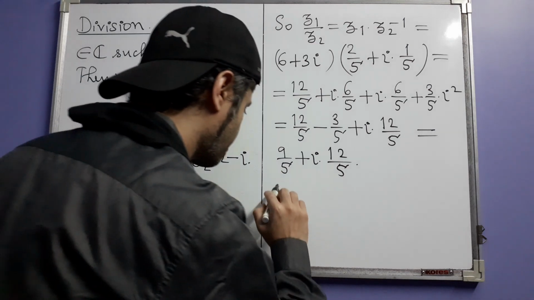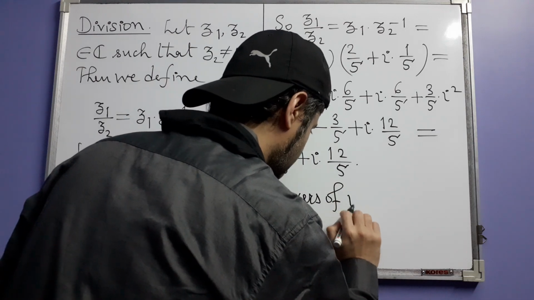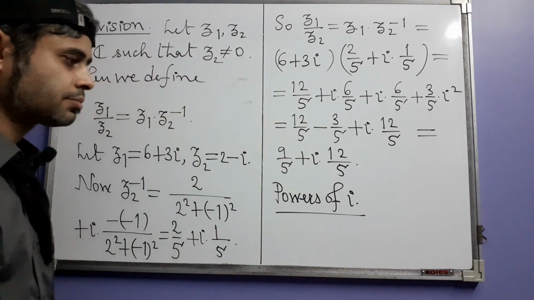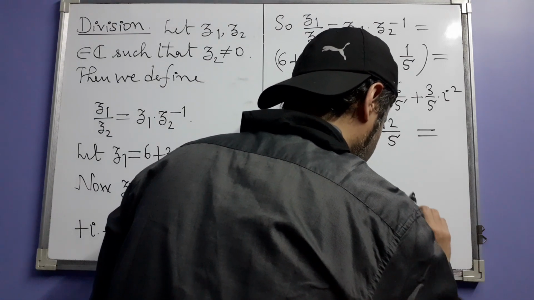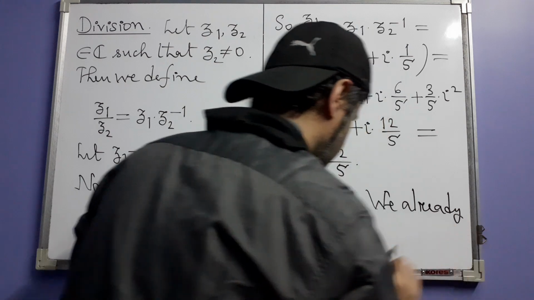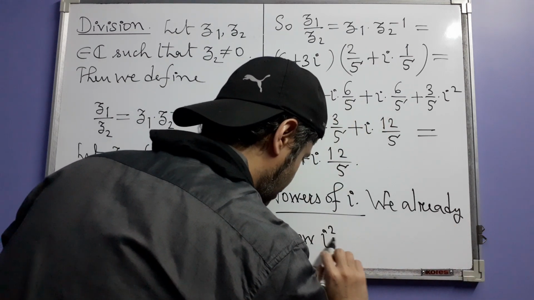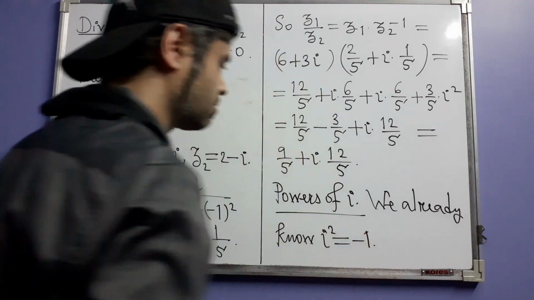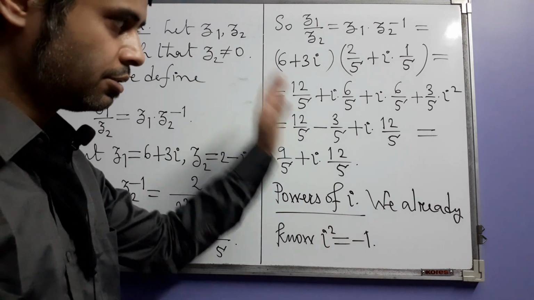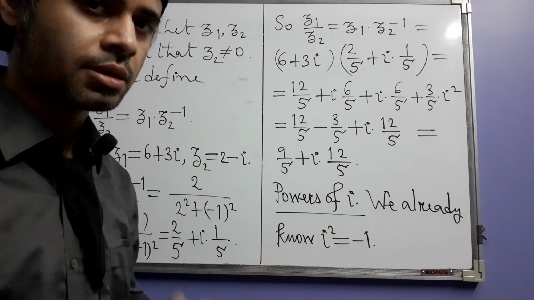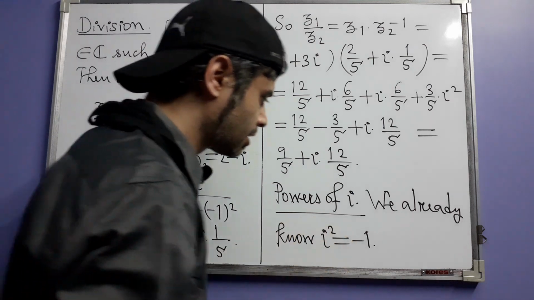Next we see powers of the imaginary unit i. Okay, we already know that i square is equal to minus 1. In fact, to have this true, we did all these things. We developed the system of complex numbers just for this. But then again, we are getting extra things also.